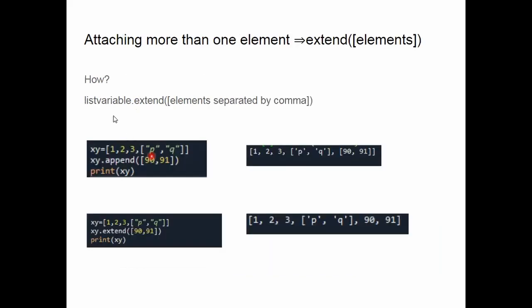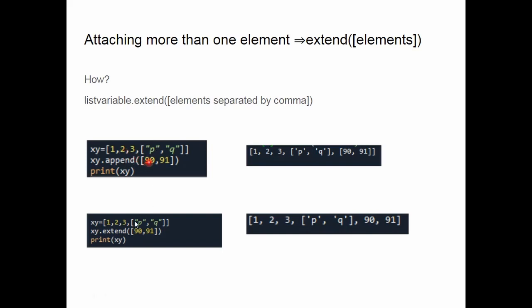The way of using the extend function is the variable name dot extend, and here we are appending a sublist. As we are appending a sublist, definitely we are going to have a sequence of elements, and the sequence of elements has to be separated by commas. So here we have one list and we want to append it.